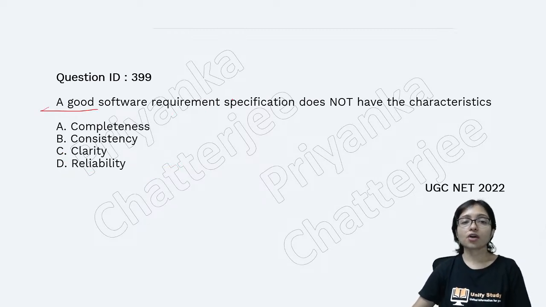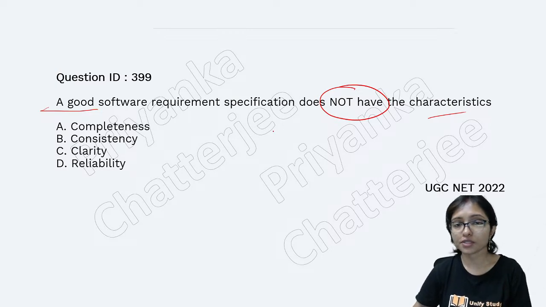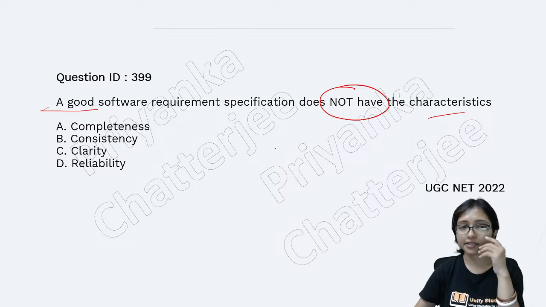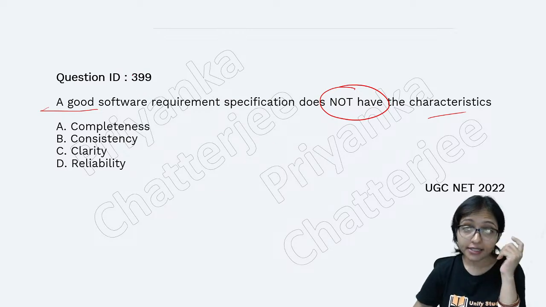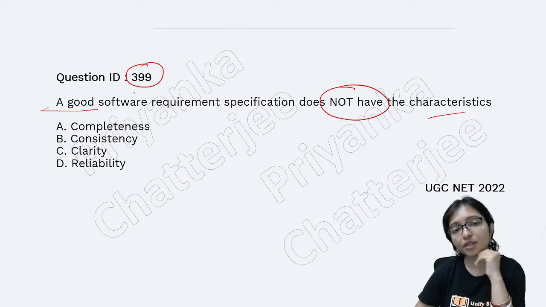A good software requirement specification does not have which of the characteristics? What will be the answer? You can answer with the question ID so that I can trace it, so that your answer will be traceable.